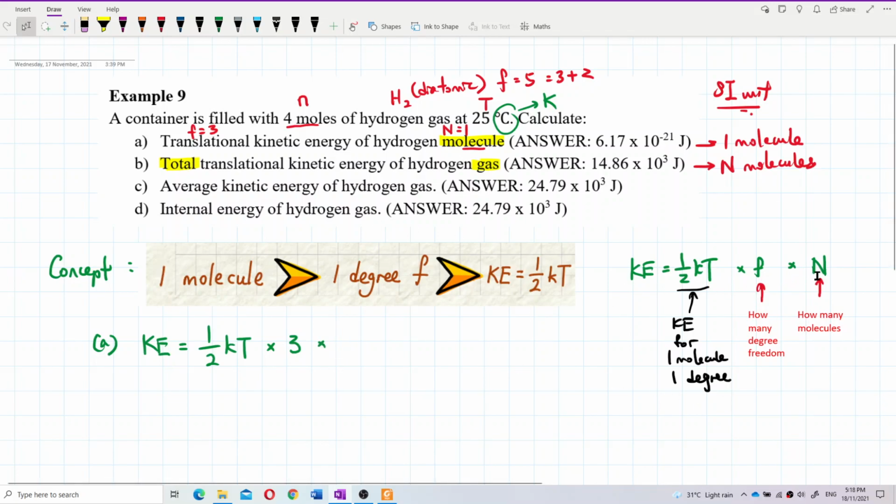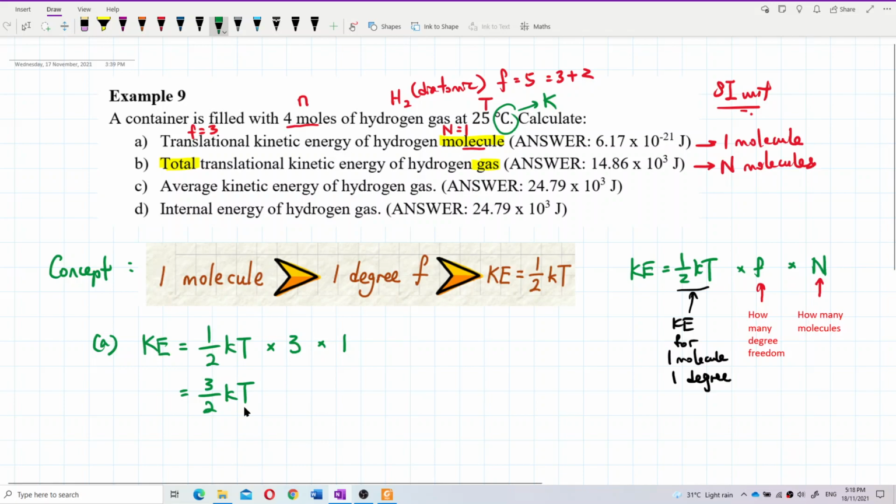And my N, how many molecules? 1 molecule, so I multiply 1. So my answer is 3 over 2 kT. 3 degrees of freedom and only 1 molecule, that's why the equation is 3 over 2 kT.